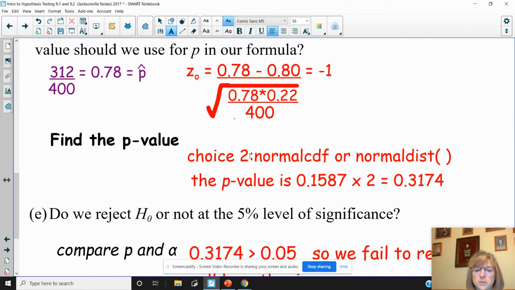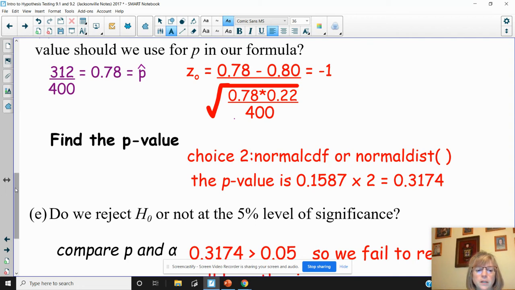Choice 2, normal CDF, or if you're using Desmos, the normal distribution, it's going to ask you for the lower bound and the upper bound. One tail is worth 0.1587 of area. Now remember, we have two tails, and that's why I multiply by 2. So the p-value, the total amount of area, is 0.3174.